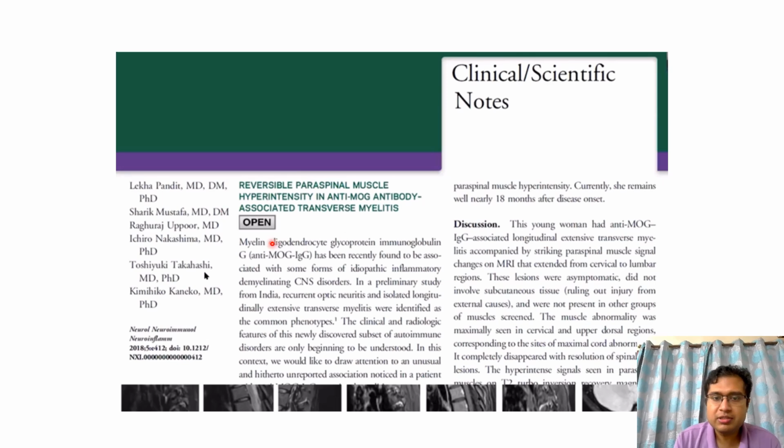Reversible paraspinal muscle hyperintensity in anti-MOG antibody associated transverse myelitis is a very specific sign, and it is reversible as the treatment is undergone. The paraspinal hyperintensity also subsides. So it is thought that there is some MOG in the paraspinal muscles as well, which is attacked by these antibodies.